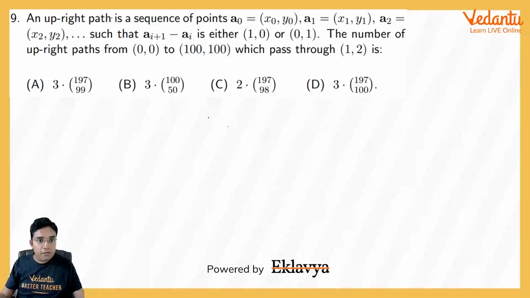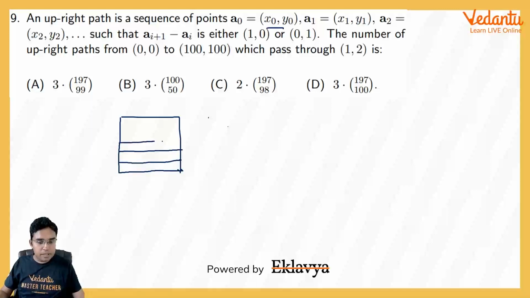Here we are given that an upright path is a sequence of points A0, A1, A2, where A0 is the ordered pair (x0, y0), A1 is (x1, y1), A2 is (x2, y2) and so on, such that A(i+1) minus A(i) is either (1, 0) or (0, 1). What they are trying to say, this is one very standard thing we do in our PnC. We have to go along an upright path.